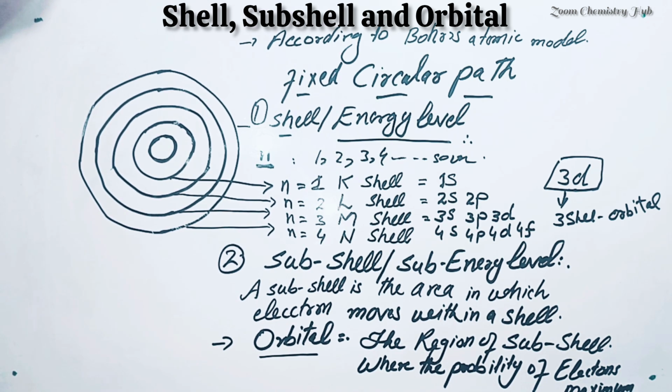So orbitals are the regions in the subshell where the probability of finding the electrons is maximum.